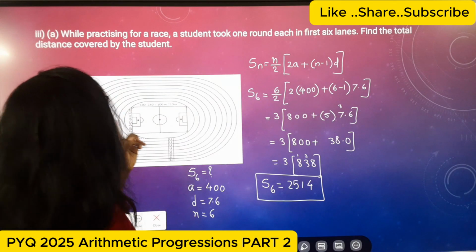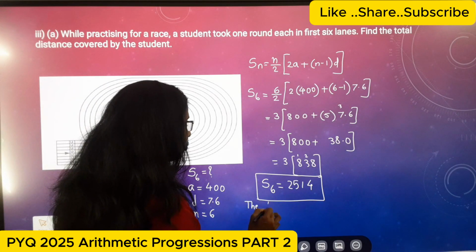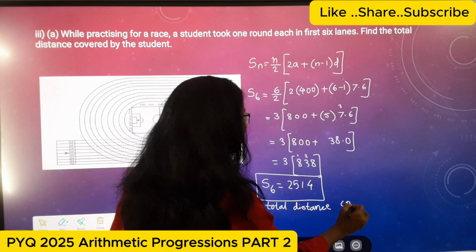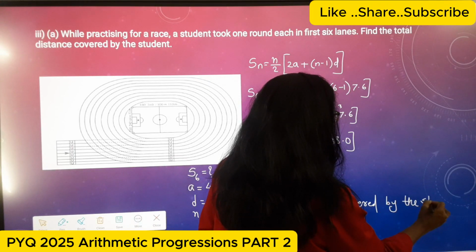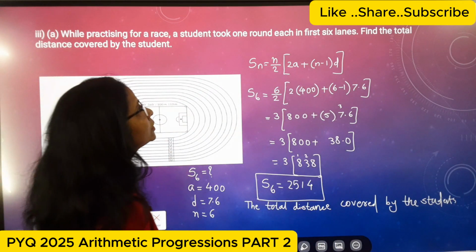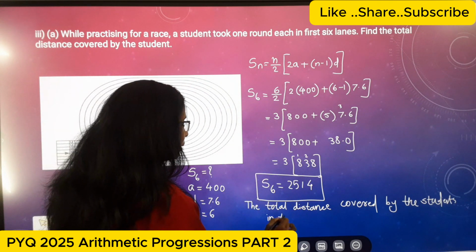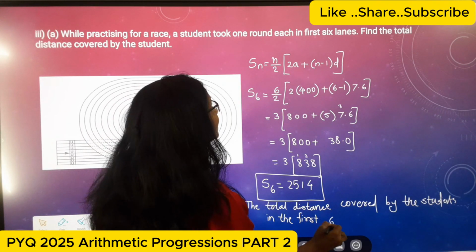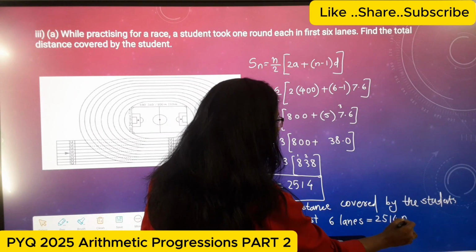So S6 is equal to 2514. Okay, so that means here we write that the total distance covered by the students in the first 6 lanes is equal to 2514 meter.